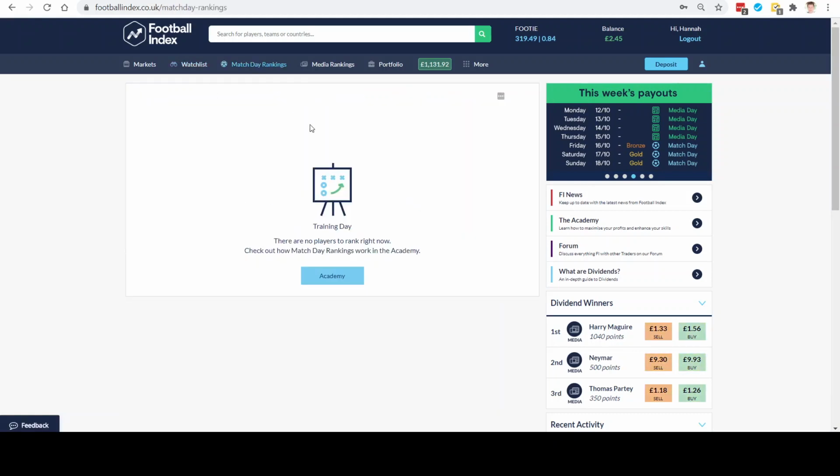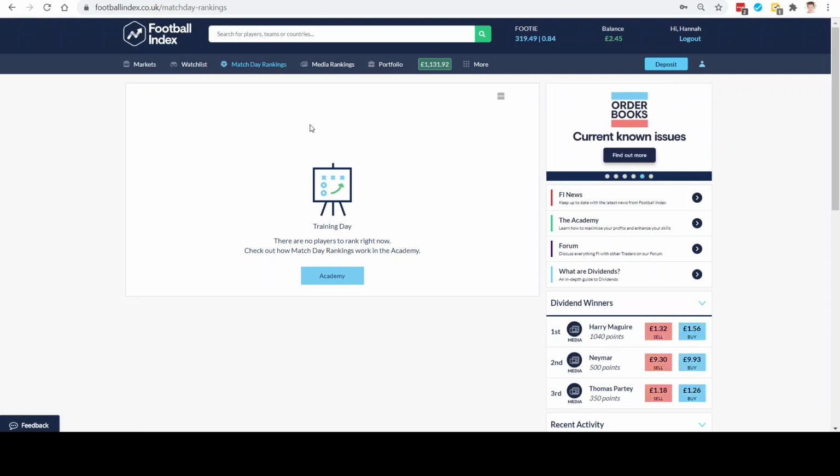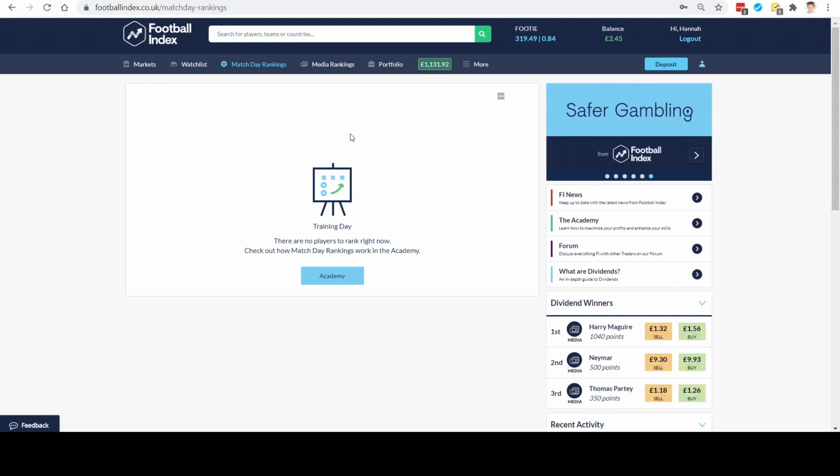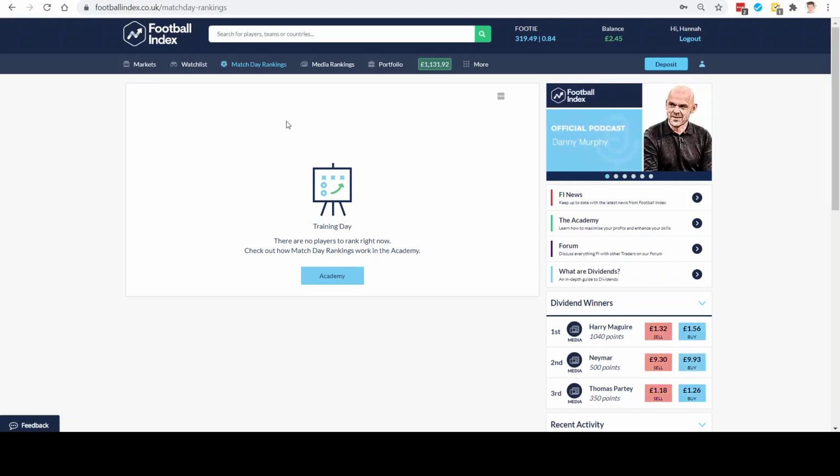So matchday rankings, this is where you'll spend most of your time when there are matches being played. Obviously during this video there's no matches on currently, but when there are matches on you would see a live league table here of all the players competing that day. As you know, the matchday rankings are where you can win dividends for the top midfielder, top forward, top defender and top goalkeeper.